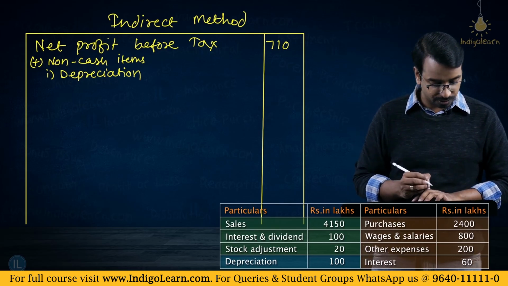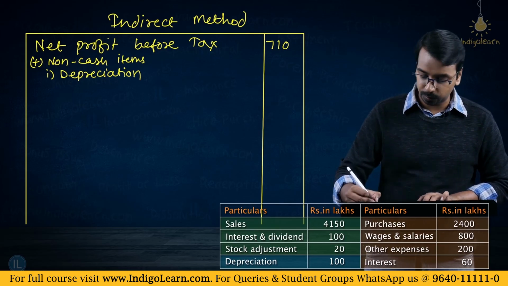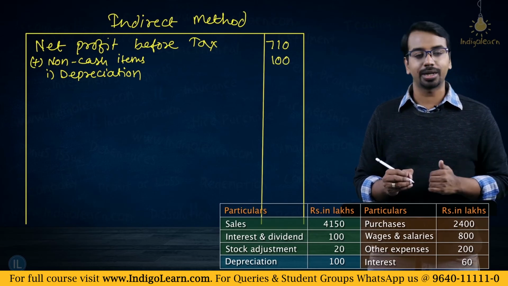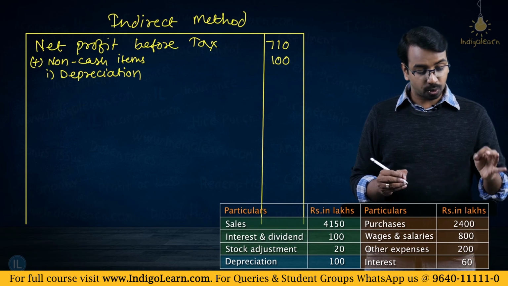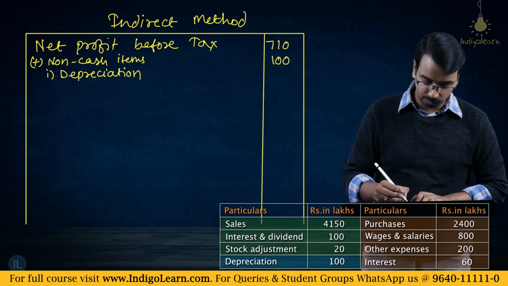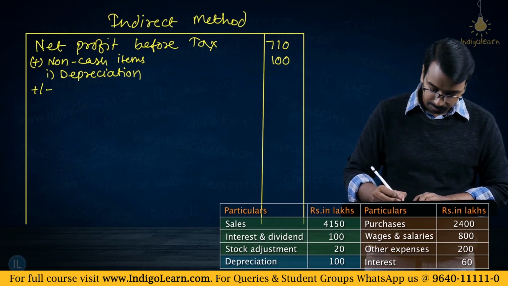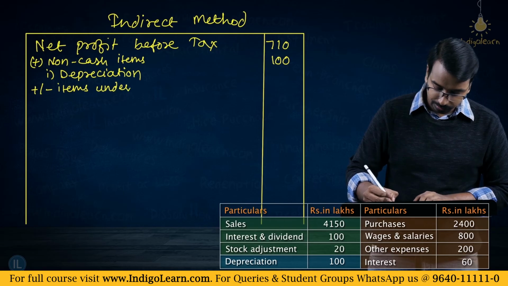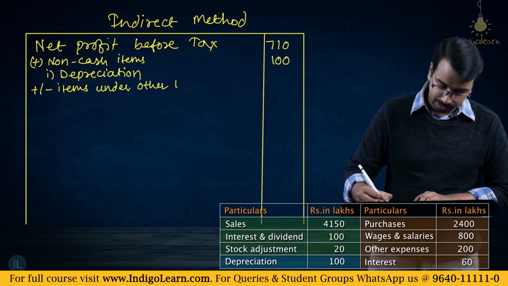How much is the depreciation? The depreciation given in the question is 100. So, add back 100. Then, are there any other non-cash items? No. Then we have to add back or deduct those items which pertain to other heads. So, add or less items under other heads.